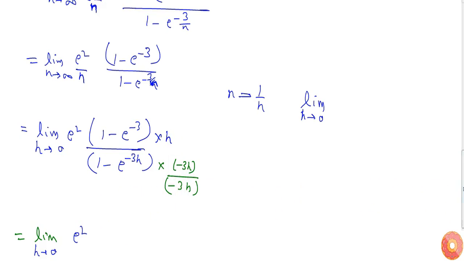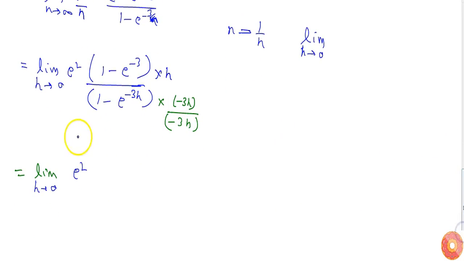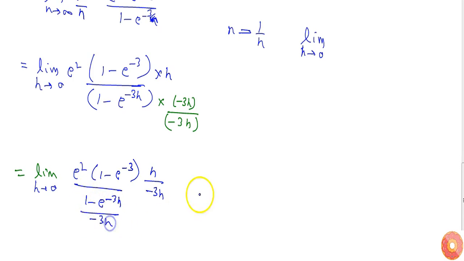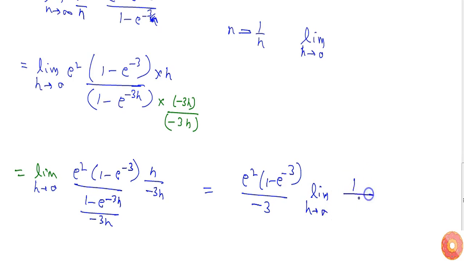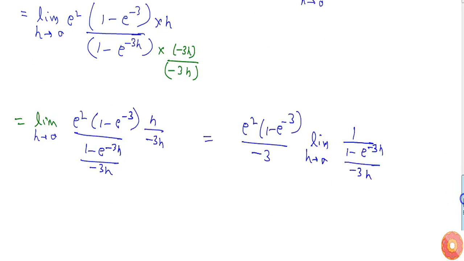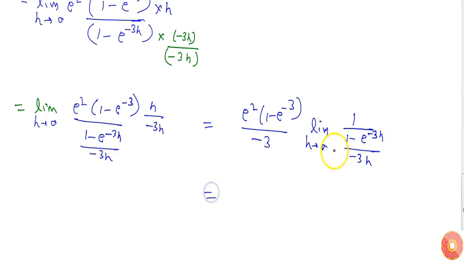So from this I'll get e square times (1 minus e power minus 3) divided by minus 3, times the limit h tends to 0 of 1 divided by [(1 minus e power minus 3h) by minus 3h], which will be 1.